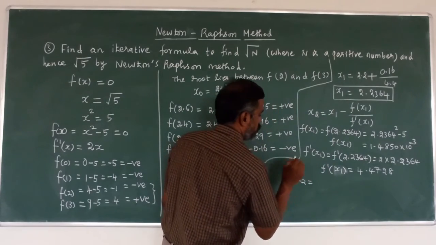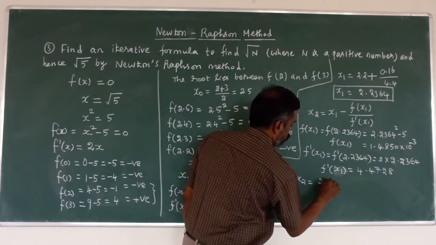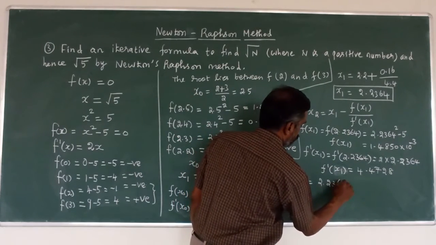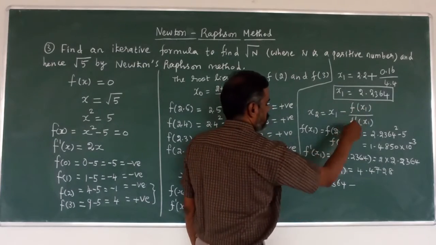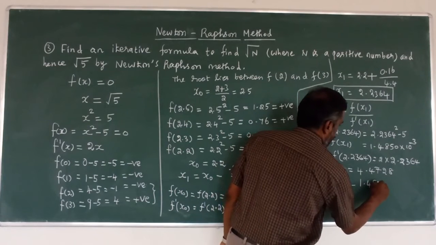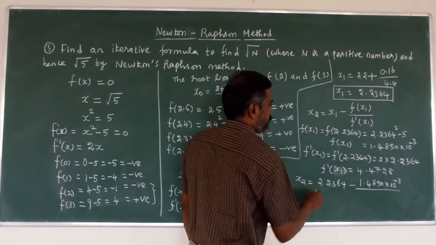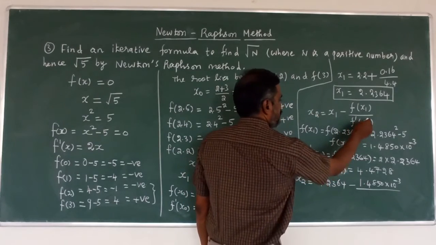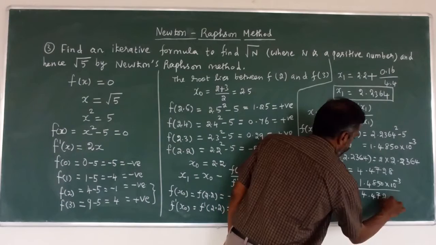These two values substitute here. x2 equal x1 value 2.2364 minus f of x1 value, 1.4850 into 10 to the power of minus 3, divided by f dash x1 value 4.478.